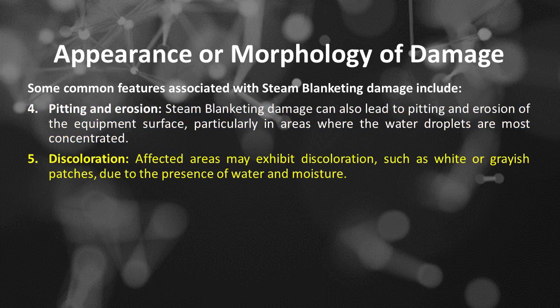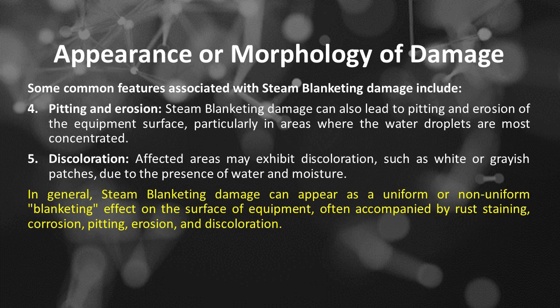Number 5 is discoloration. Affected areas may exhibit discoloration, such as white or grayish patches, due to the presence of water and moisture. In general, steam blanketing damage can appear as a uniform or non-uniform blanketing effect on the surface of equipment, often accompanied by rust staining, corrosion, pitting, erosion, and discoloration.